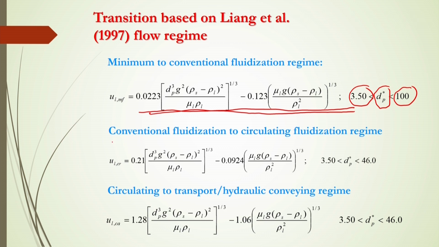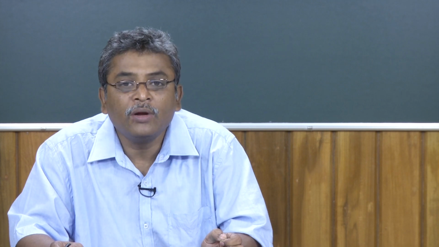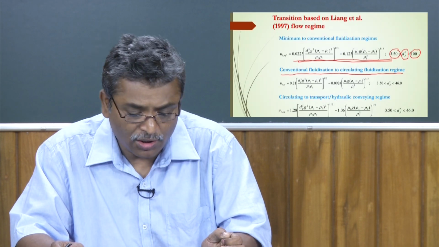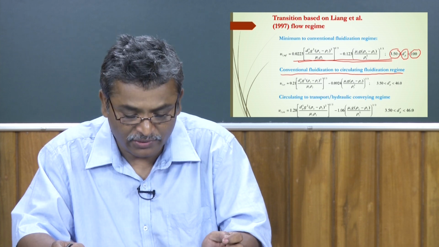Another transition is from conventional fluidization to the circulating fluidization regime. Suppose you want to work with the circulating fluidization regime with this liquid-solid system, then you have to have an idea what should be the velocity of the liquid to be maintained inside the bed, so that I can get the circulating fluidization regime.